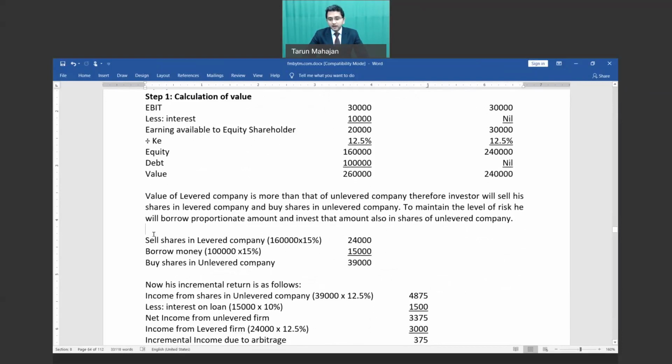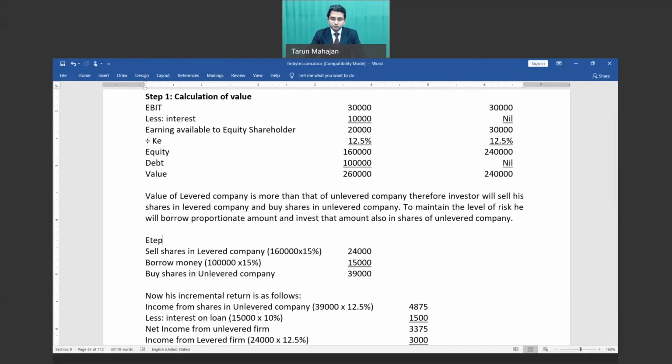So this is kind of step 2. Let's name it as investment. This nomenclature is not standard. I'm giving it this name. Sell shares in levered company. Market value of equity of levered company is 1,60,000.